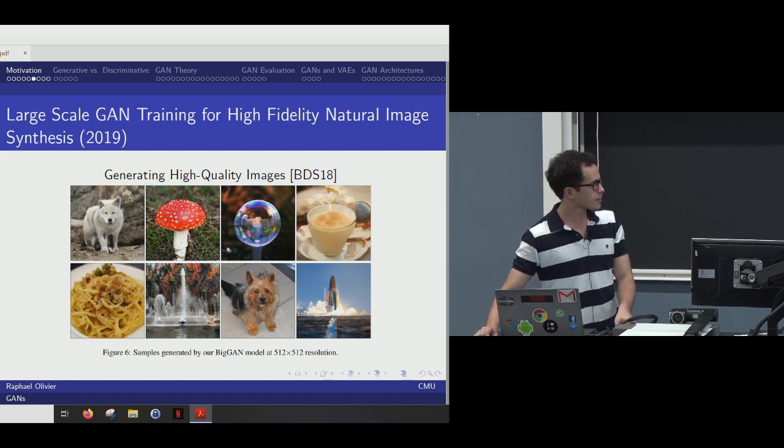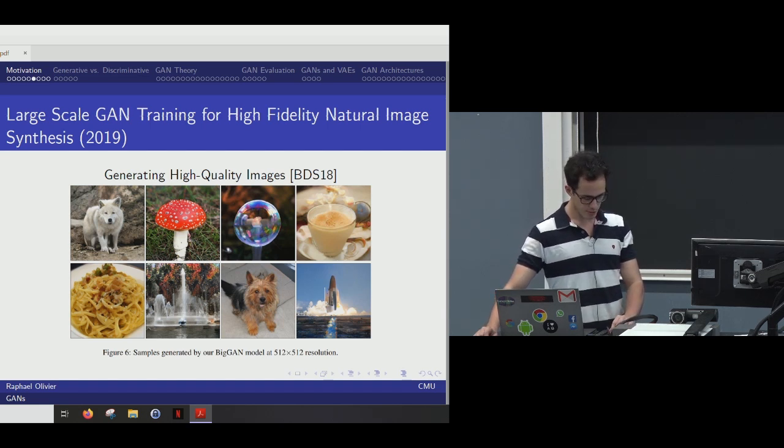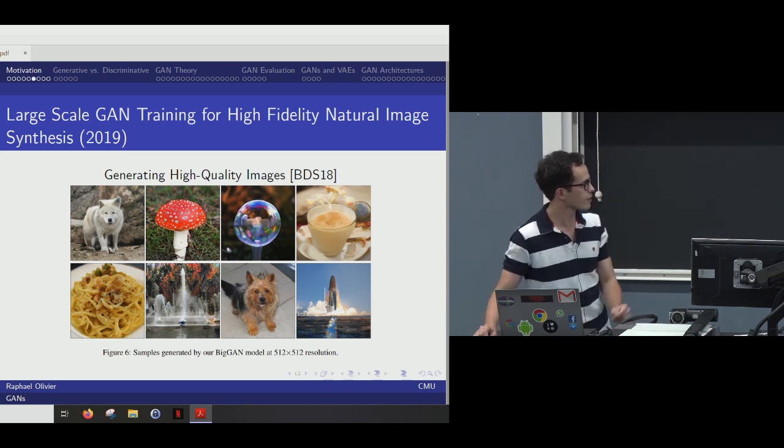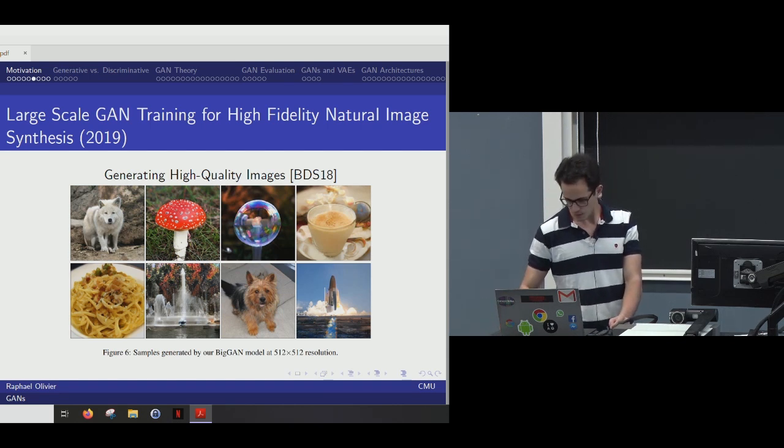So you can train GANs. A lot of the improvements have been around training GANs on bigger images, bigger data sets with more features, and to train them faster, if you want to generate a lot of images. So it used to be 28 by 28 or 32 by 32 images. Now we can do 512 pretty easily.